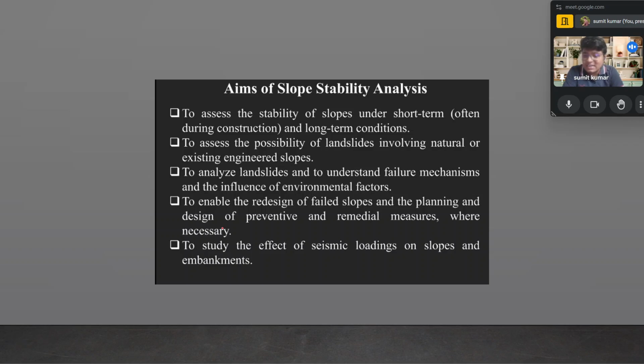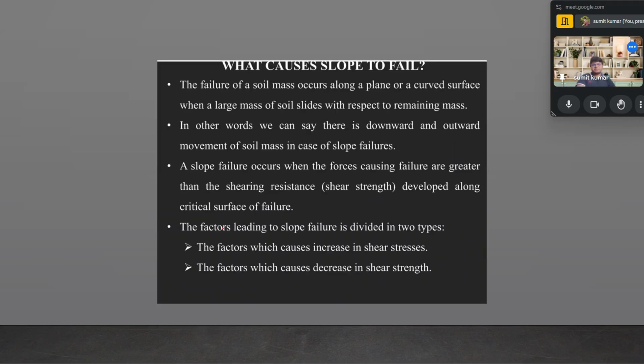Also to analyze landslides, understand the failure mechanism and the influence of environmental factors. Going ahead, to enable the redesign of failed slopes and plan the design of preventive and remedial measures where necessary, and to study the effect of seismic loading on slopes and embankments are some of the aims associated with slope stability.